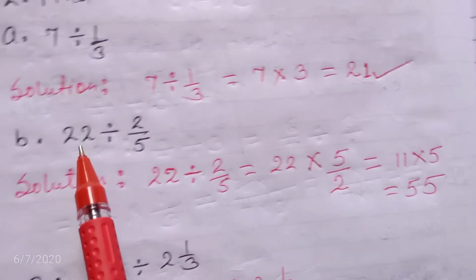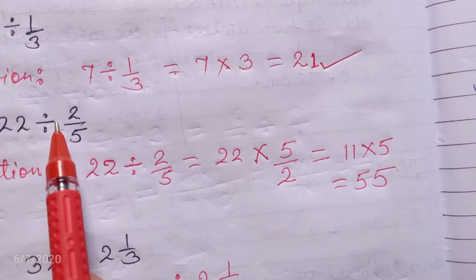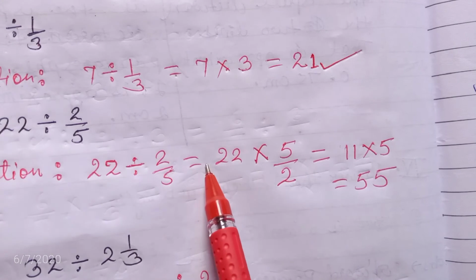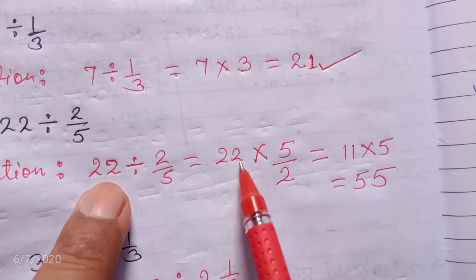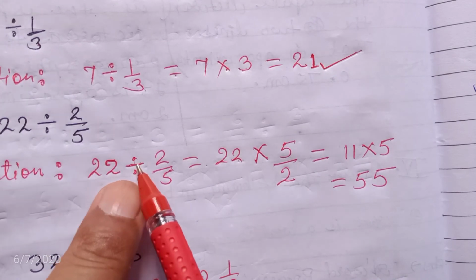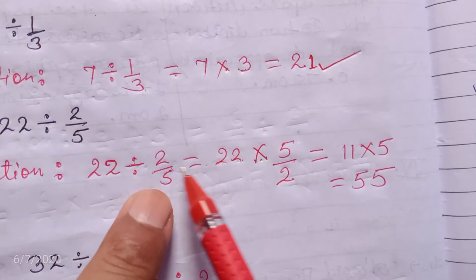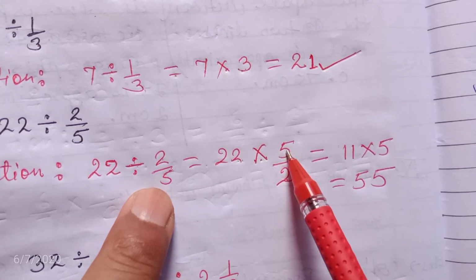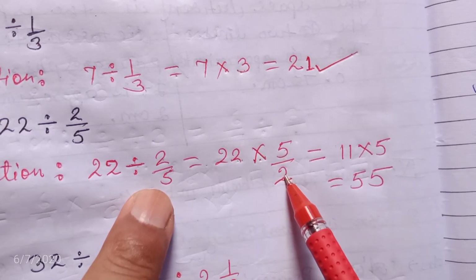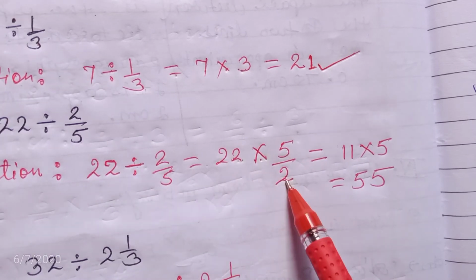Okay, see this example, 22 divided by 2 by 5 equal to 22, write as it is, divided by changes to multiply by, 2 by 5 changes to 5 by 2, means reciprocal of 2 by 5 equal to 5 by 2. So 22 into 5 by 2.